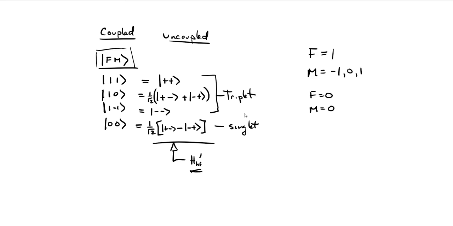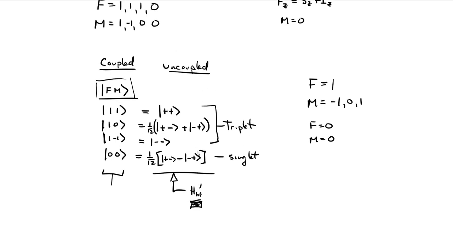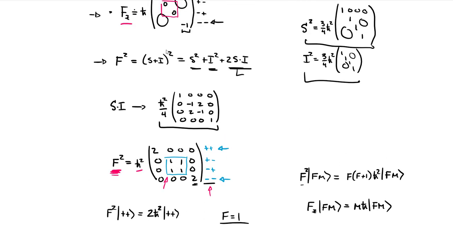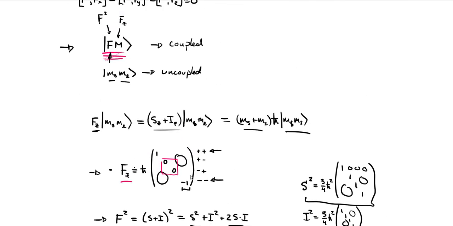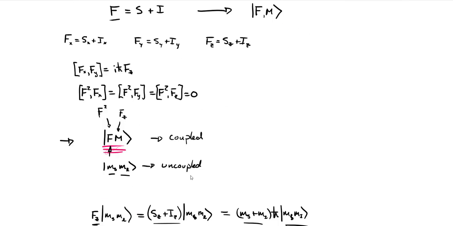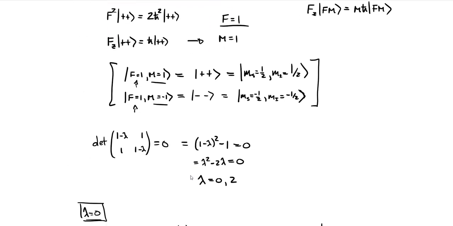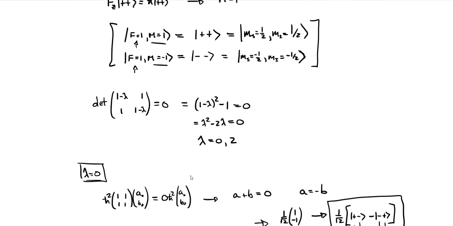We could have said, all right, let's use our coupled basis, and this hyperfine Hamiltonian would have been diagonal, and we could have just quickly picked off what those energy shifts were and known our eigenstates were just the basis states we were using. We had to go through all this process of diagonalizing these matrices to get there, but it turns out that this is a common process.